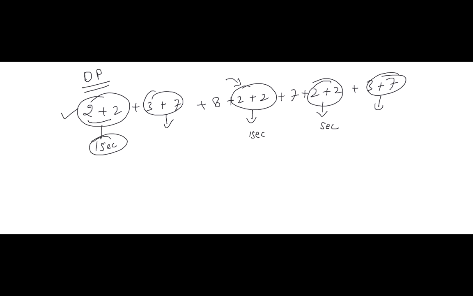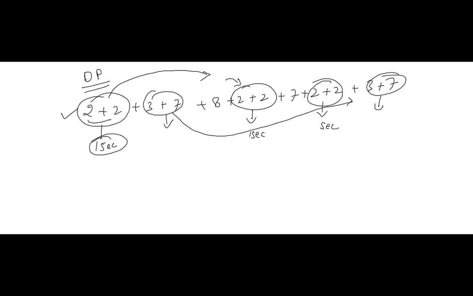We can use the same result here. Similarly, we can use this result here. So DP is similar to that. If we are performing some operation and we can use that result for the next iteration, we can use DP.